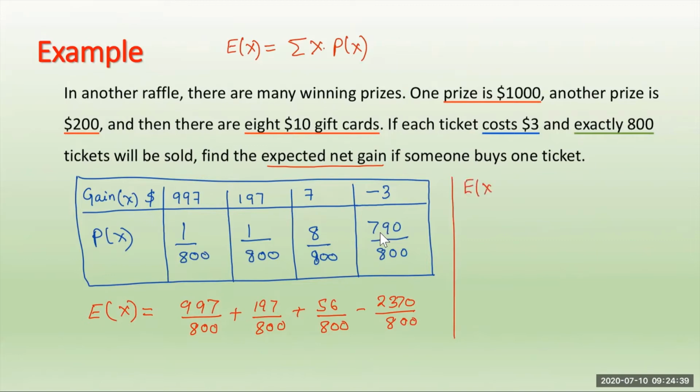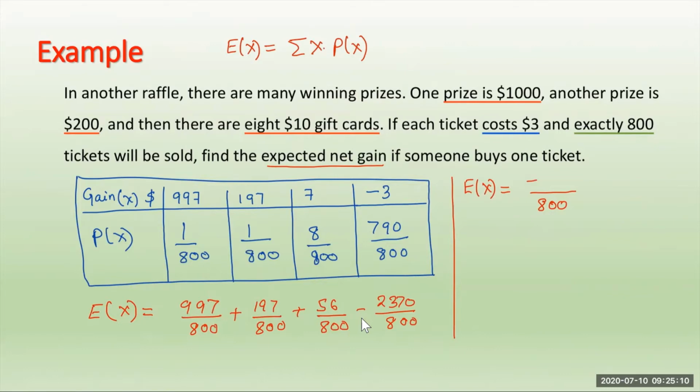The denominator is the same, so keep it 800. In the numerator, you have 997, then plus 197, then plus 56, then minus 2370. So if you perform that, what do you get?